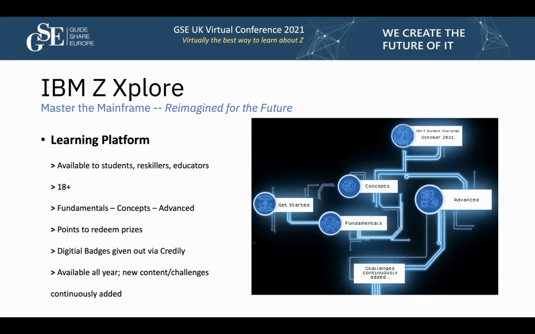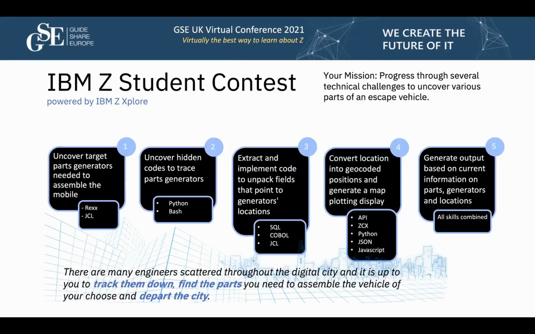One thing which is important, which I did not mention, which you can see on the right picture, the top one, is the IBM Z Student Challenge. And what is that? The Student Challenge, we kicked it off on October the 15th, and it is a part of the learning system, which is, as said, a challenge.